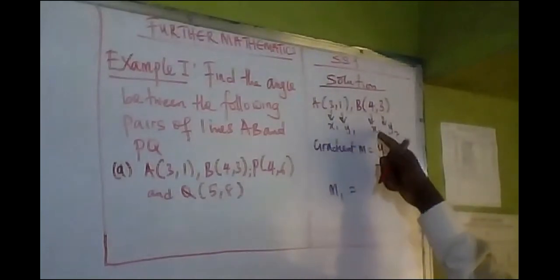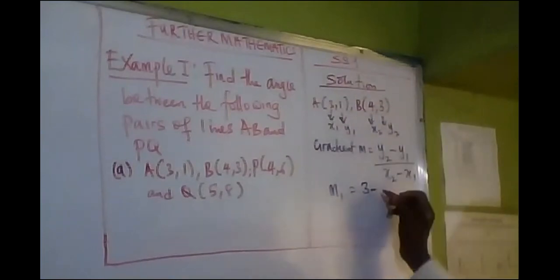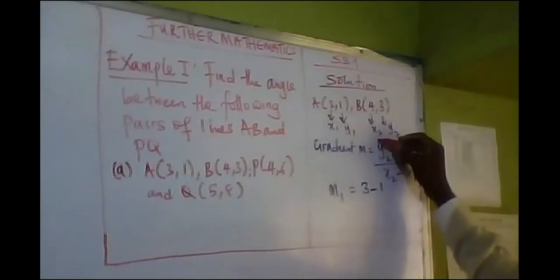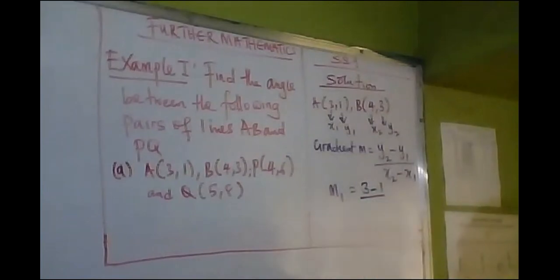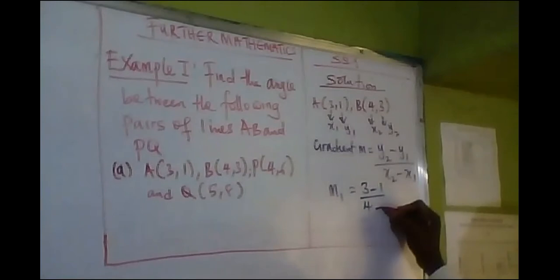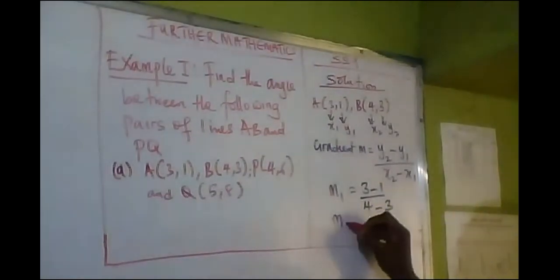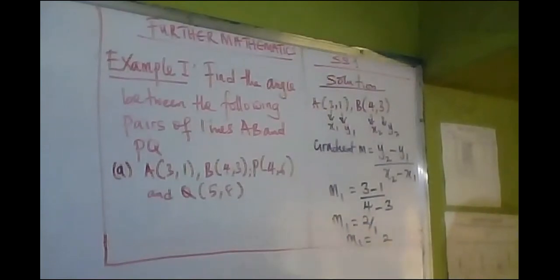Our y2 is 3, minus y1, which is 1, all over x2, which is 4, minus x1, which is 3. So m1 is 3 minus 1, 2, over 4 minus 3, which is 1. So my m1 is equal to 2.